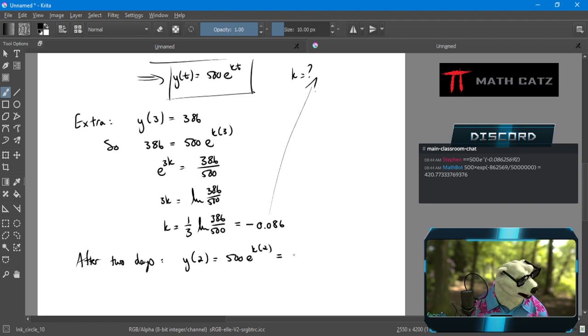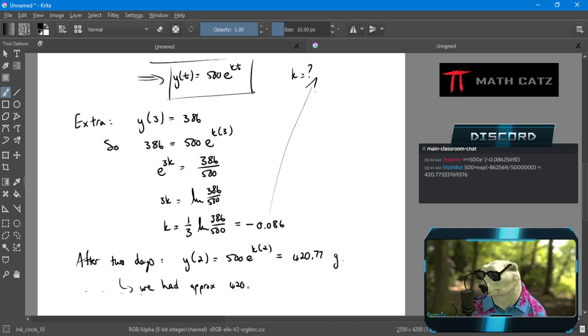And we get that 420.77 grams were left. You can write your concluding sentence here. We had, I guess, approximately 420.77 grams left.